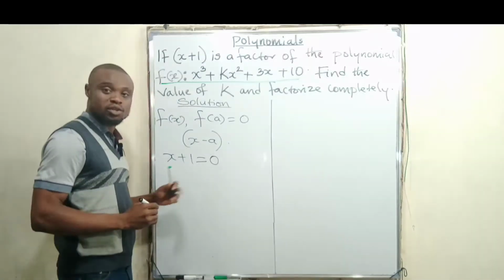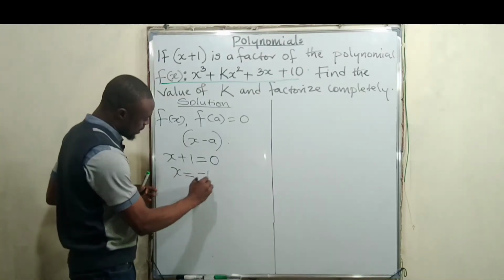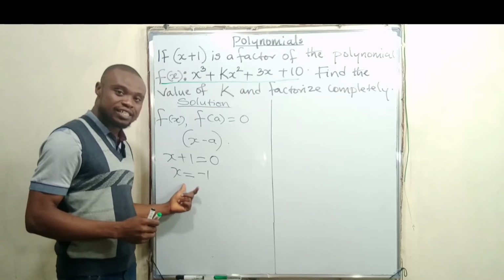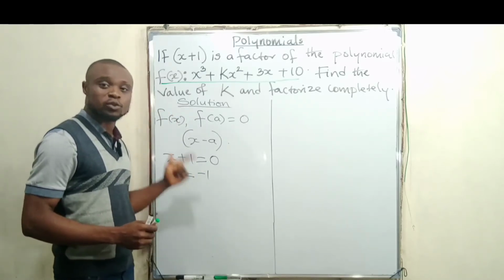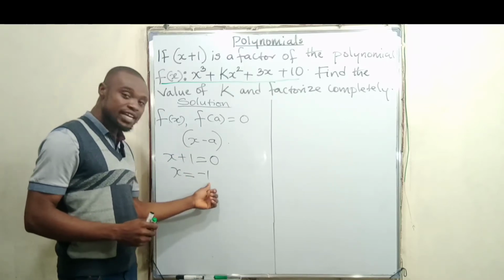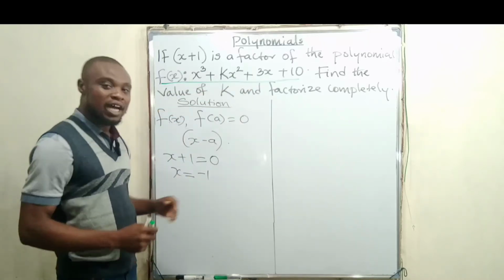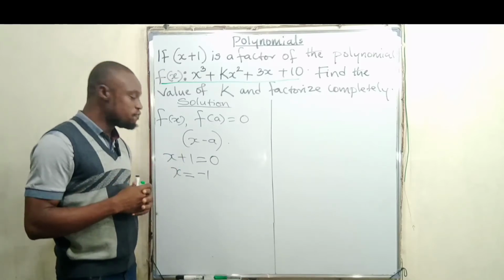If we equate this to 0, we now have x is equal to minus 1. So that means the initial value of x that was used in the expression to get 0 was not just plus 1, it was a minus 1, right? So that means a is minus 1, and this value was substituted into this particular expression, and they got a 0, just like I said in the previous video.